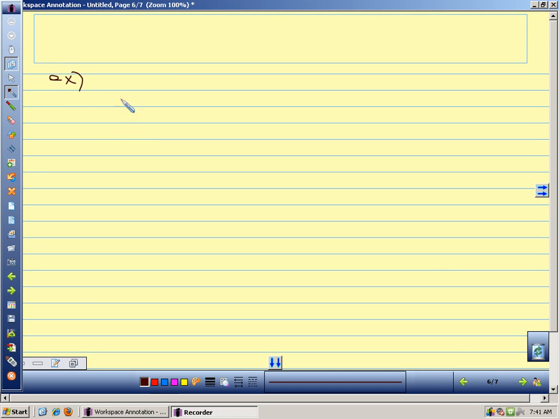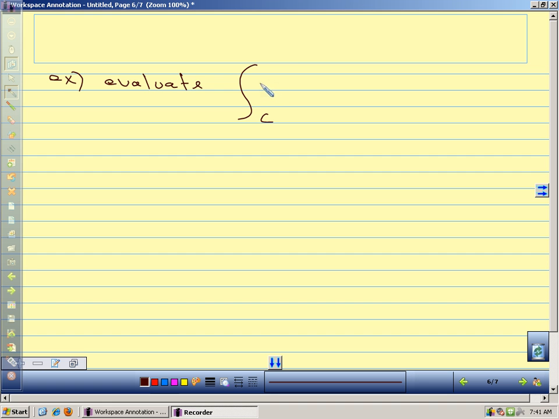We want to evaluate the integral along C of 4xy ds, where C is r of t equals ti plus 2 minus t j for 0 less than or equal to t less than or equal to 2.